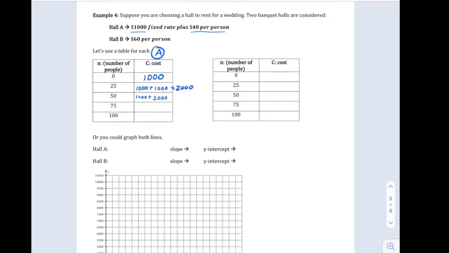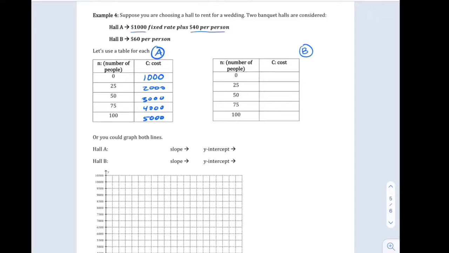And you can continue that all throughout. You might see a pattern happening here, but essentially it's going to work out to 2,000, 3,000, 4,000, and 5,000. You might have done that back in grade 9. So for the one over here on the right, which is Hall B, it says number of people that are attending.